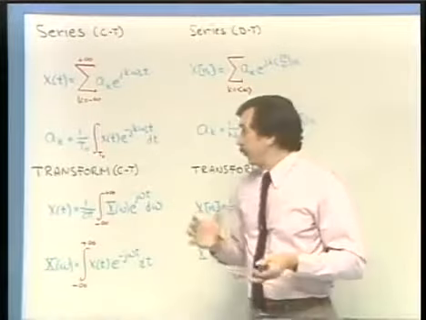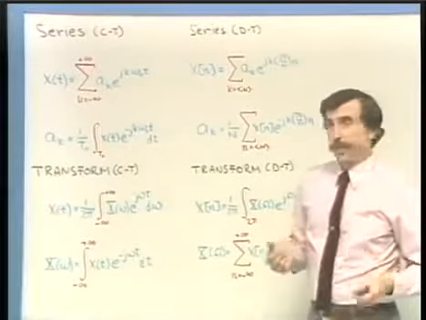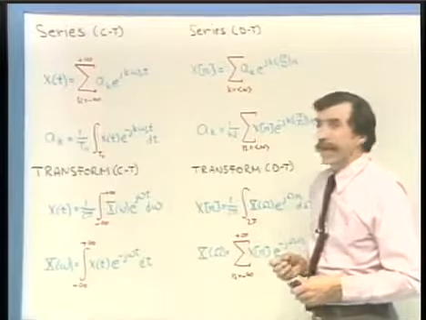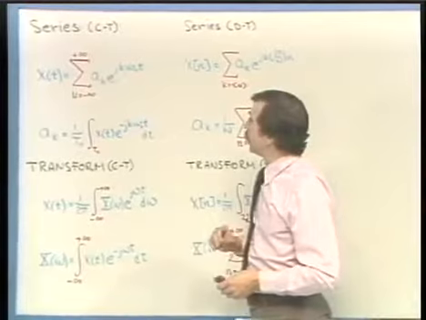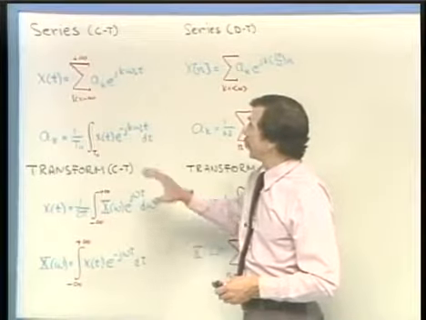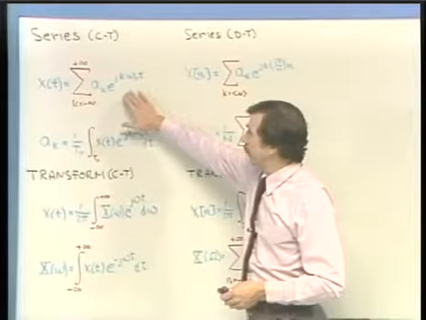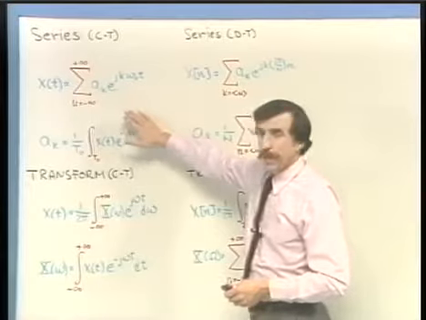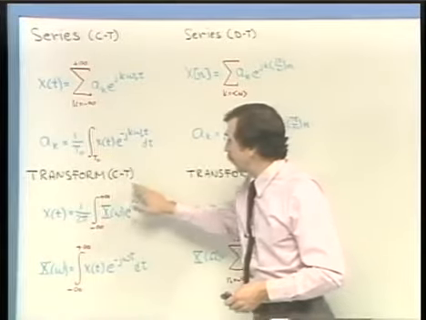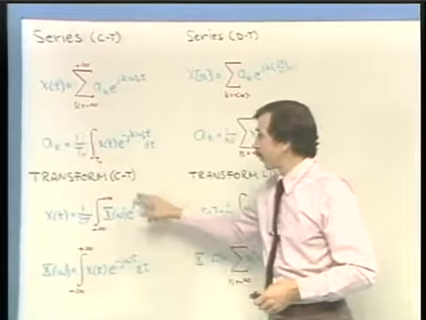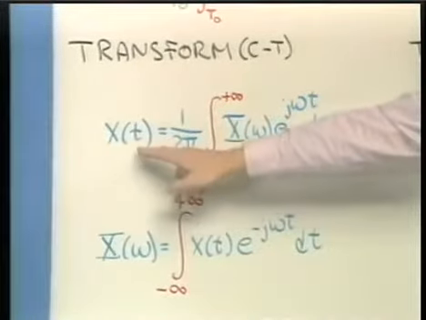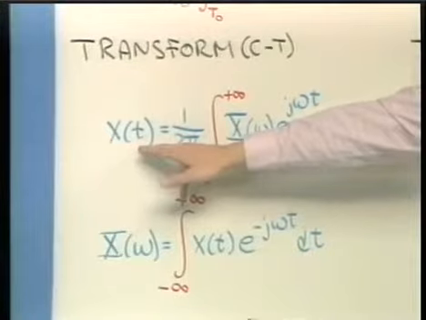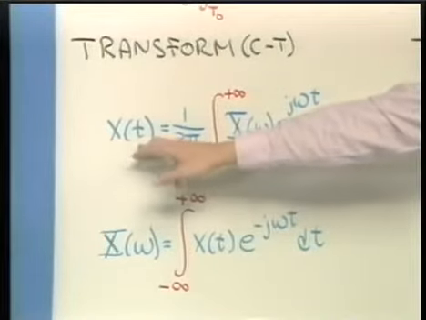We then generalized that to the continuous time Fourier transform, and in doing that, the synthesis equation in the Fourier series became an integral relationship in the Fourier transform, and we now have a continuous time function which is no longer periodic.